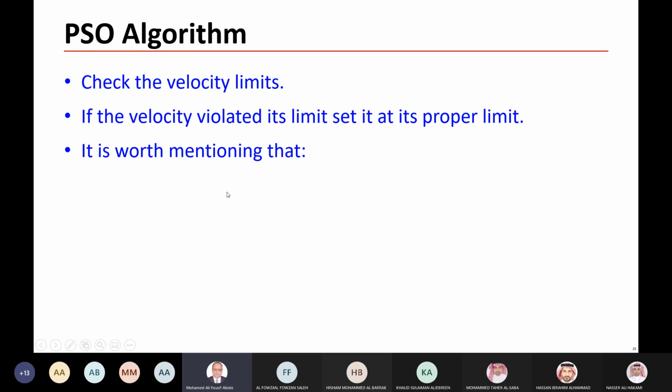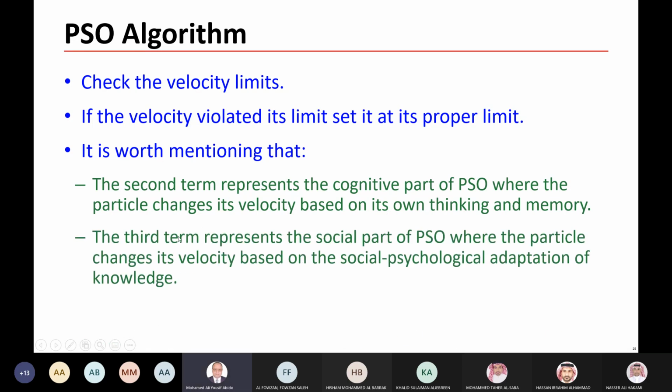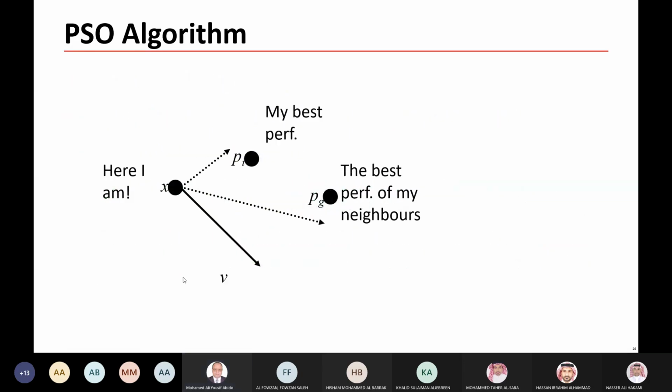Okay, it is worth mentioning that the second term represents the cognitive part, and the third term represents the social part, as we pointed out. We have here the current position, and this is the best position, the particle's own best, my best preference, the individual best, and this is the global best, the neighbors.